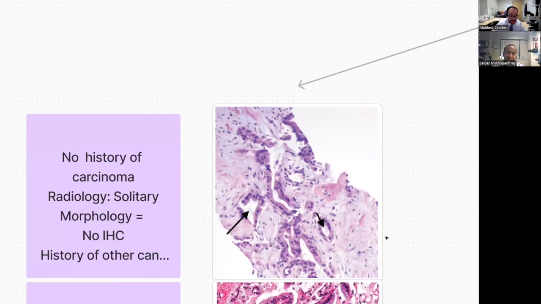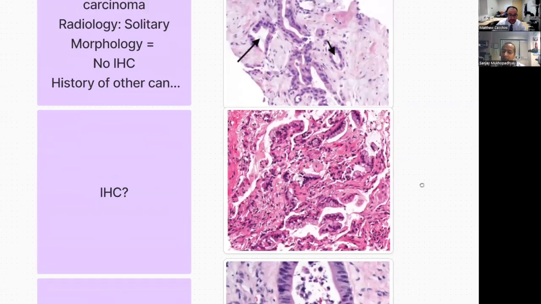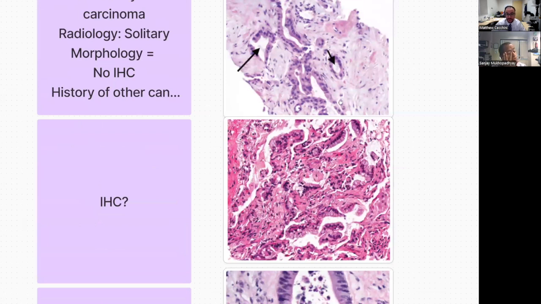So let's move on. What if it looks kind of mucinous? What if instead of something that looks like a straightforward acinar adenocarcinoma... For me, it's the same thing, Matt. In fact, here immunohistochemistry is even less likely to be helpful, because here TTF1 is almost never positive.